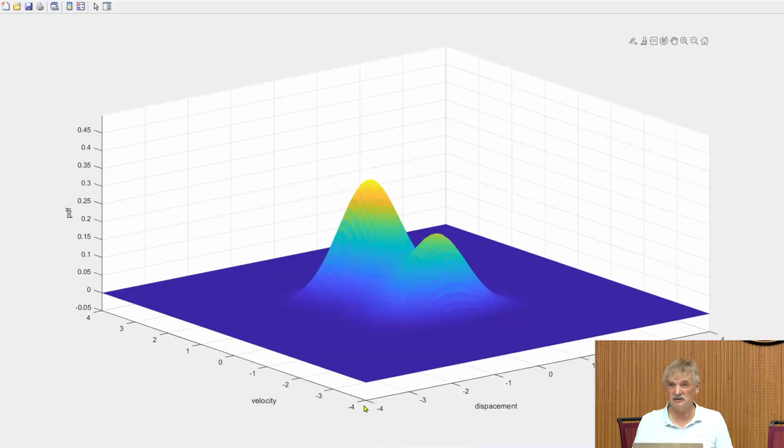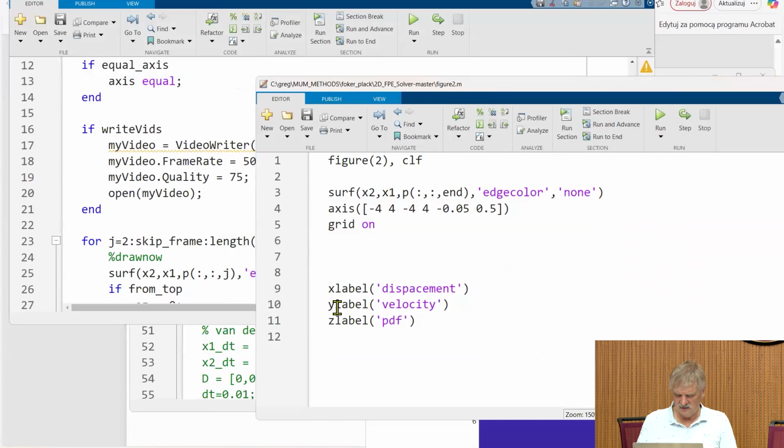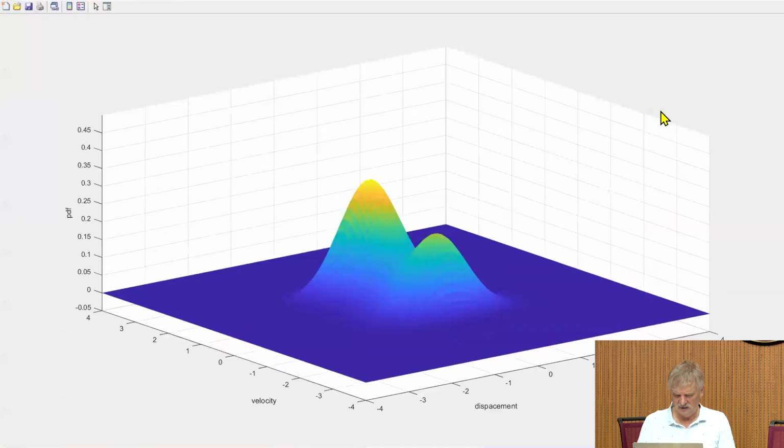I'm not sure why it is reversed. However, this is simple, but it was maybe written wrongly in the description of the figure. If I repeat this figure, now it is correct. So there is a displacement and velocity, and here you have the probability distribution function.